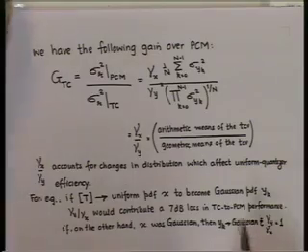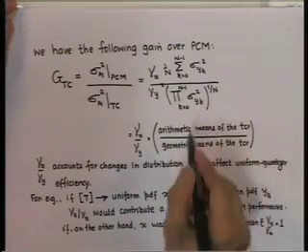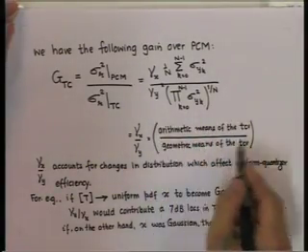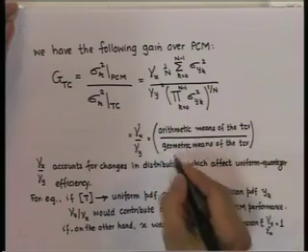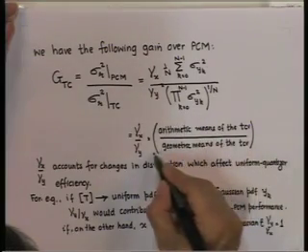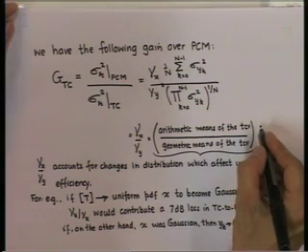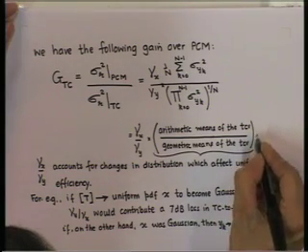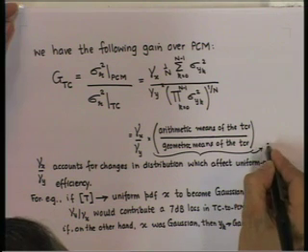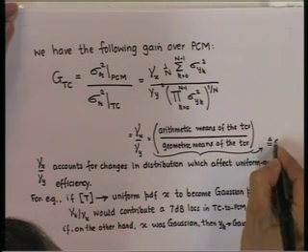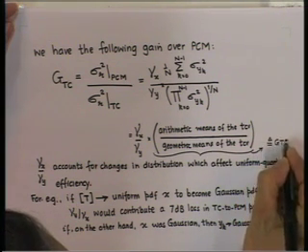Now, in literature, this term out here is also known as transform coding gain, and it is denoted as GTC.